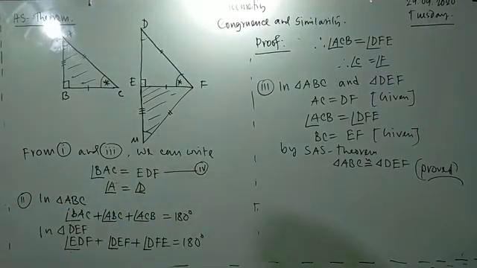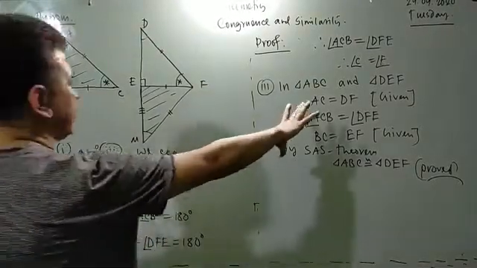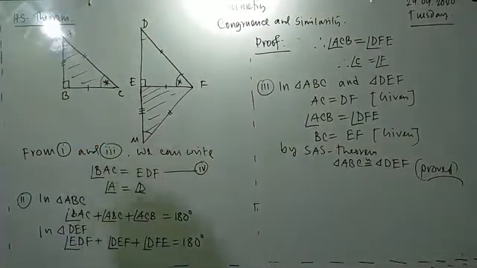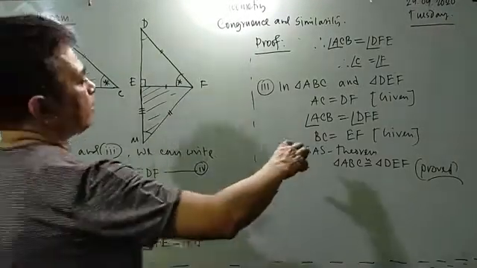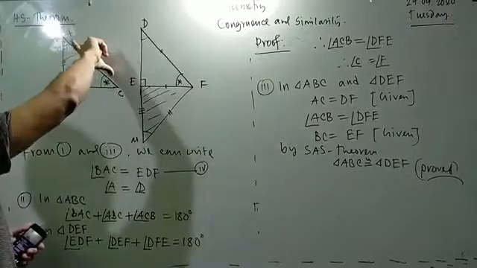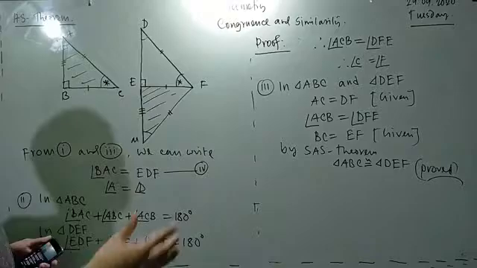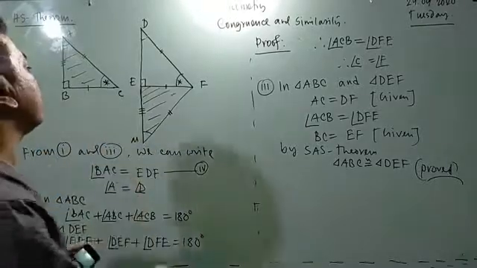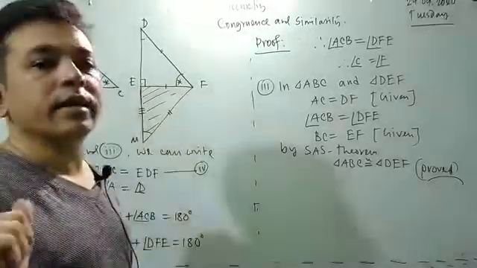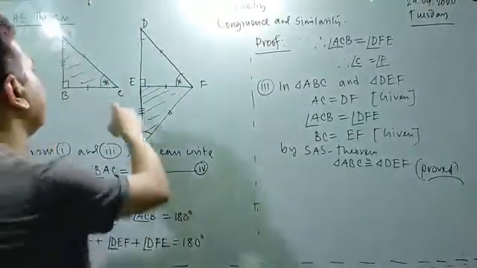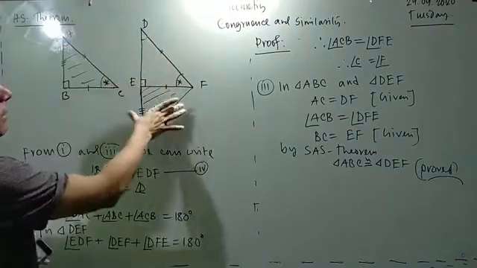Okay, no problem. Last part, this number 2 or 3, which part you don't understand? Last part, look at that here. We have been given this side AC equals DF and BC equals EF. So with different kinds of logic, we have to show this angle is equal to this angle, because it is the included angle, and we need this angle. Okay, first we have shown this angle equals this angle by this triangle.